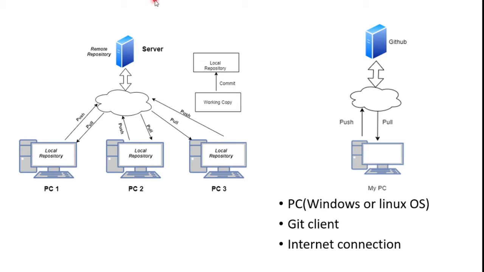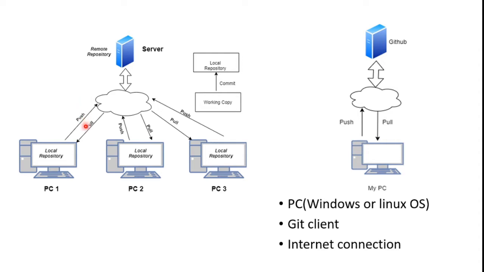As we discussed, in a distributed version control system there will be a server that will host the remote repository, and there will be many clients, developer machines, which can access this remote repository. A developer can push the code to the remote repository and pull the code from the remote repository.